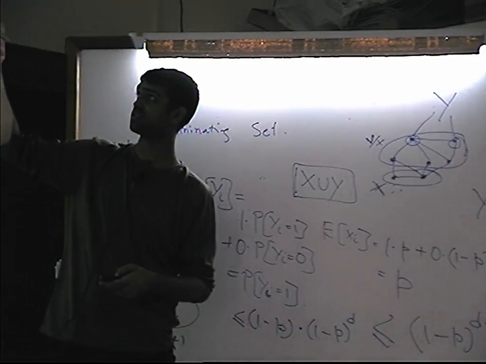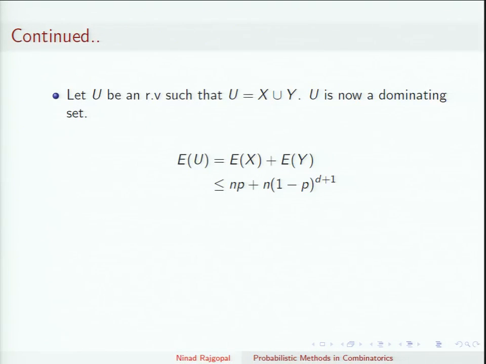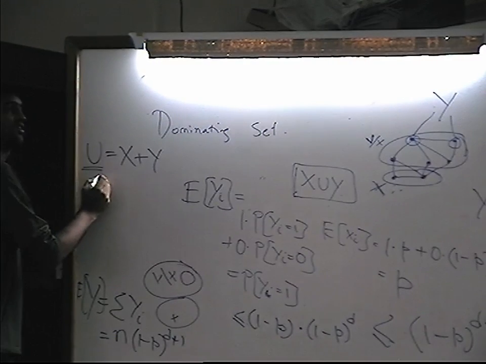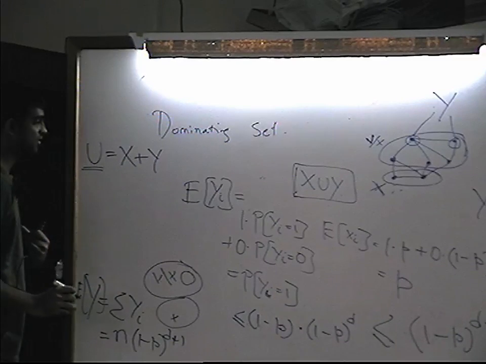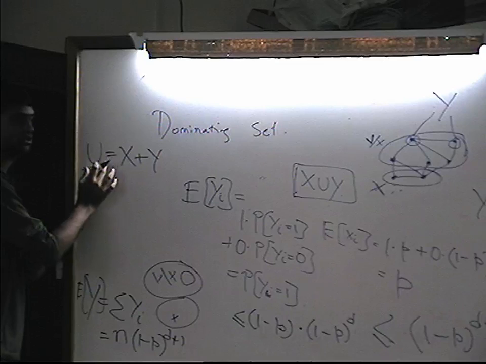So we already proved this, that X union Y, which is U, is a dominating set. Now let us look at this random variable. So this gives me a size for the dominating set, right? Since X and Y, their union forms a dominating set, this gives me a size for the dominating set.